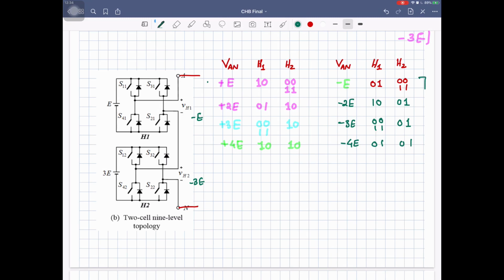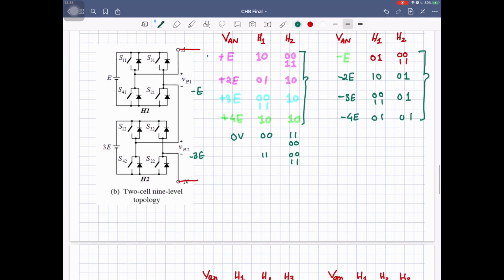In this way I can get 4 levels on the negative side and 4 levels on the positive side, and to get 0 volt I can keep 0 0 or 1 1 with 0 0 or 1 1. So with that I can get 0 volt at the inverter output.